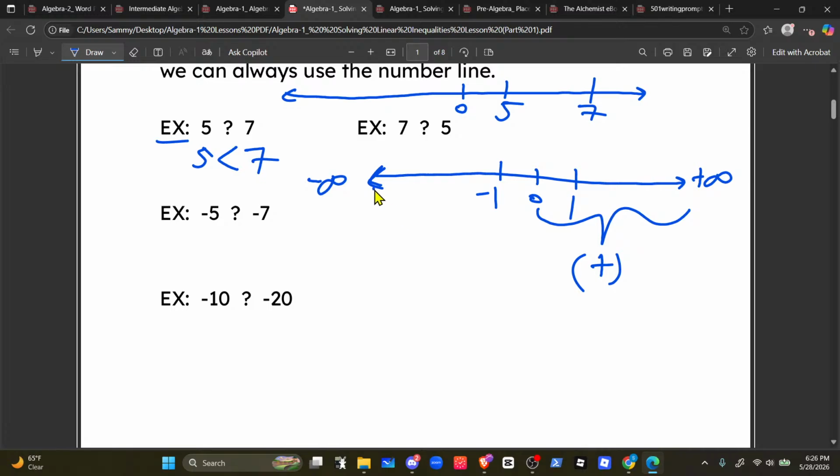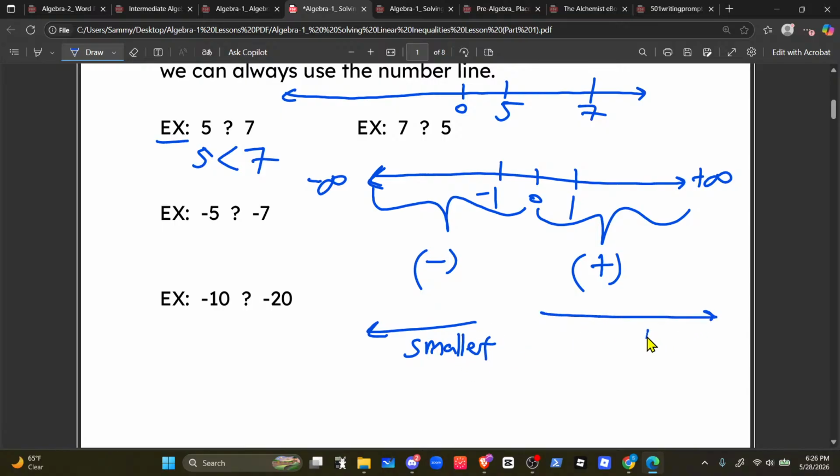All the numbers to the left of 0 are going to be negative numbers. The most important thing, though, about the number line is that the further you go to the left, the smaller your numbers are going to get. The further you go to the right, the larger your numbers are going to get.